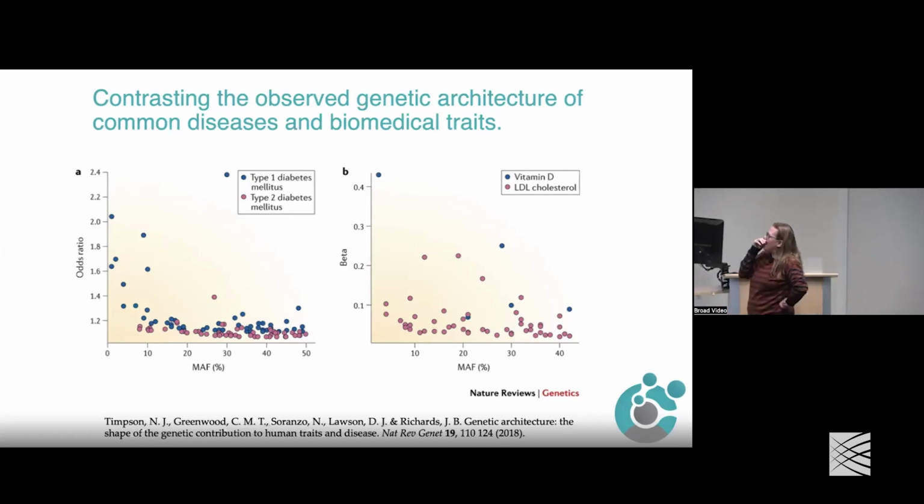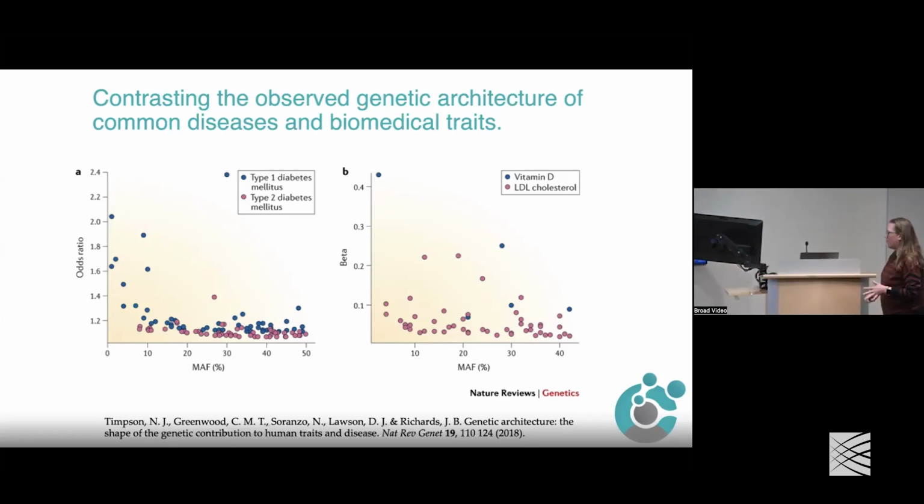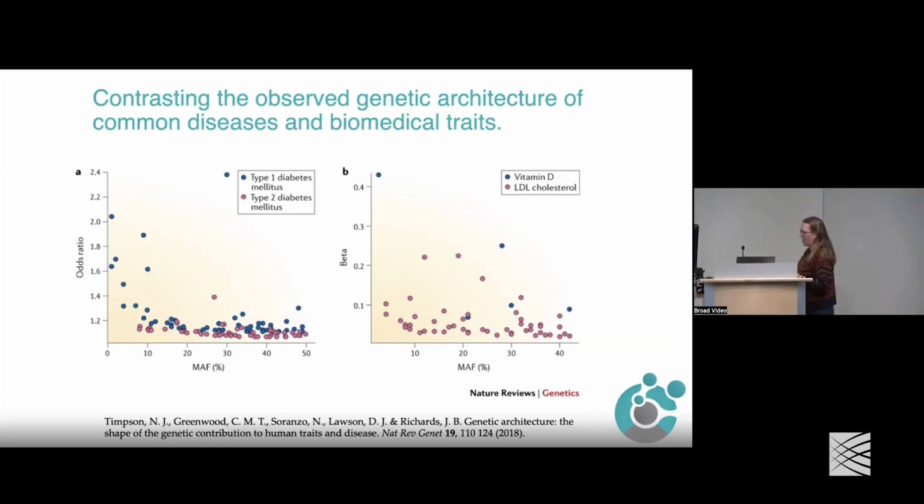On the left-hand plot, I'm sharing the genetic architecture of type 1 diabetes versus type 2 diabetes, as known at that time. You'll see that there are quite a number of differences in the genetic architecture. There are a number of low frequency variants that are associated with type 1 diabetes.